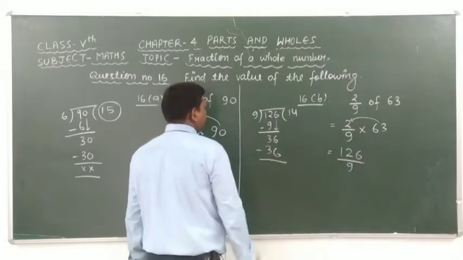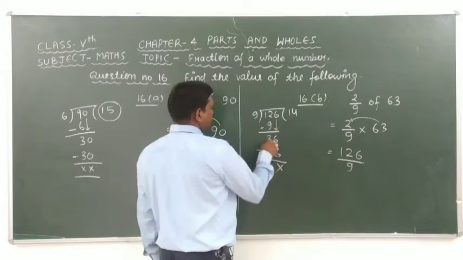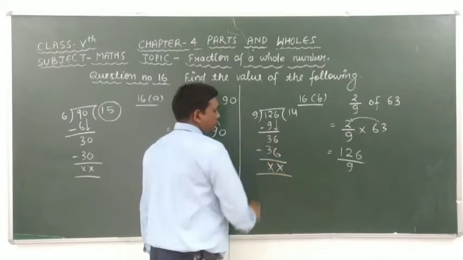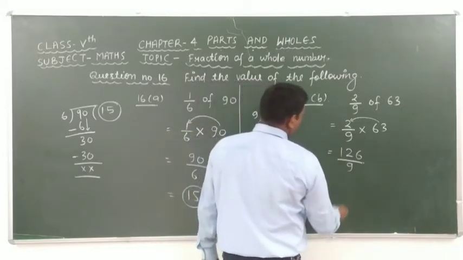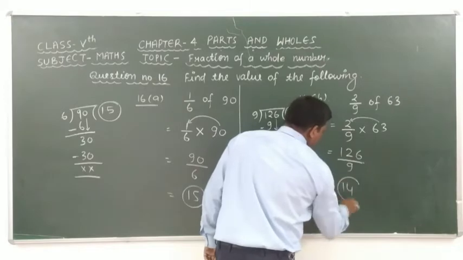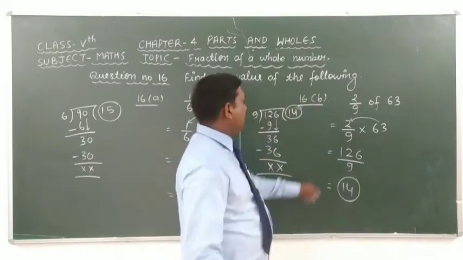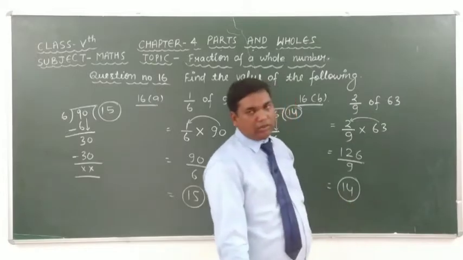Okay, after subtracting these we get 6 minus 6 is 0. It means that cancel out. 3 minus 3 is 0. After dividing these we get 14. Dear students, it means that 2/9 of 63 is equal to 14.